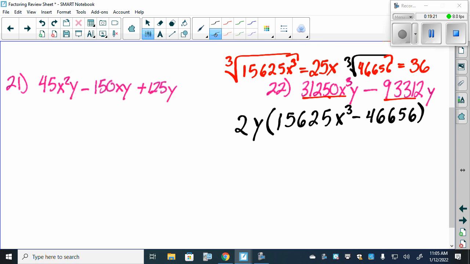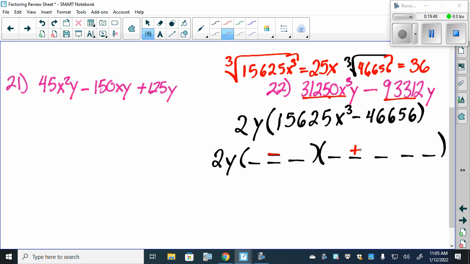But now that we have this here, we can set up our sets of parentheses. Now our signs are going to be the same, opposite, always end on a positive note. So since the starting one was subtraction, our first sign will be subtraction because it'll be the same. Next one is opposite, so it would be plus.